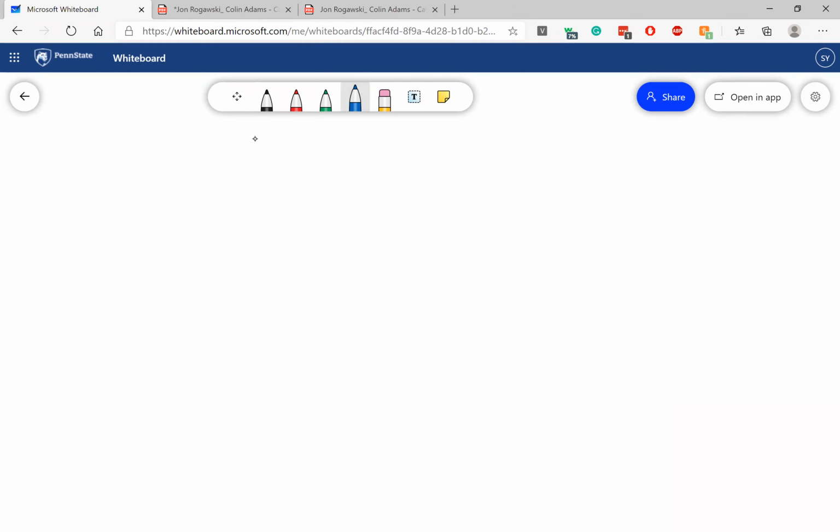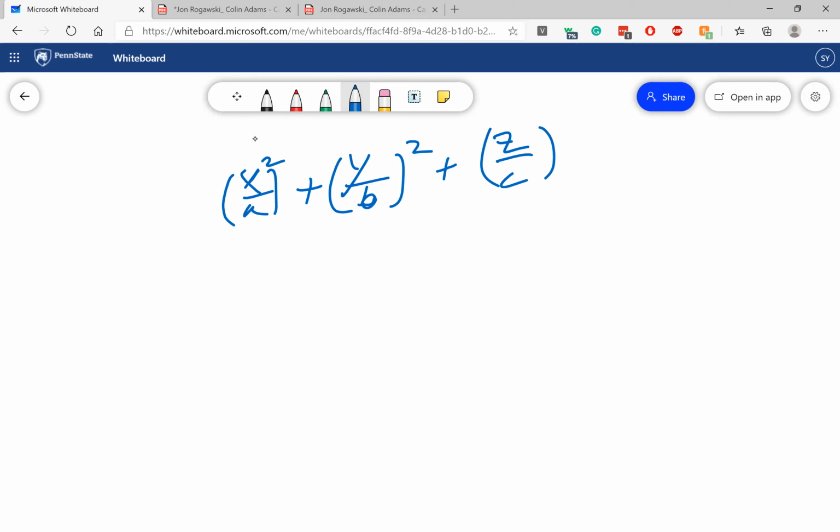So if you have the following equation, x over a squared plus y over b squared plus z over c squared is equal to 1.